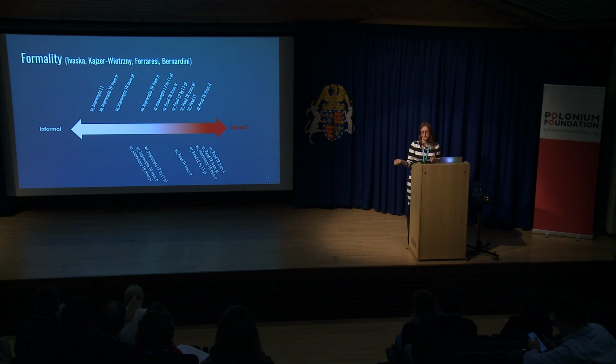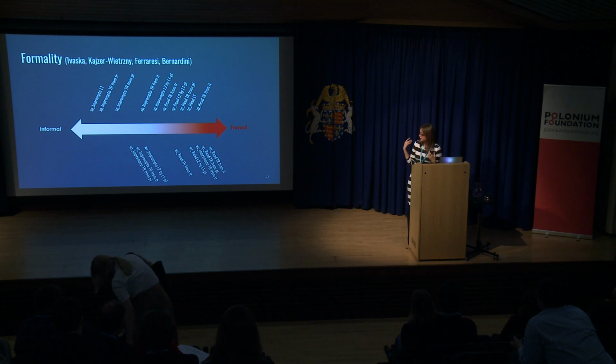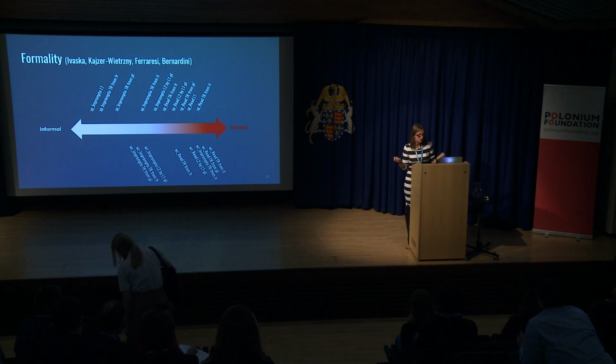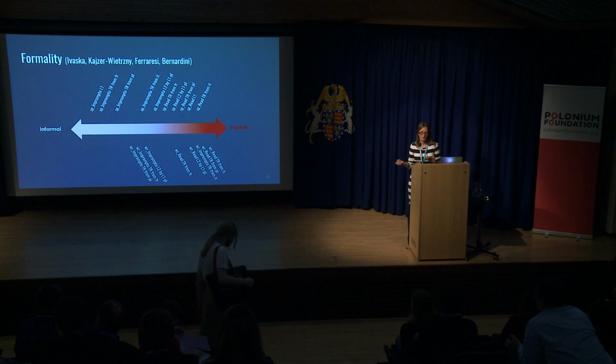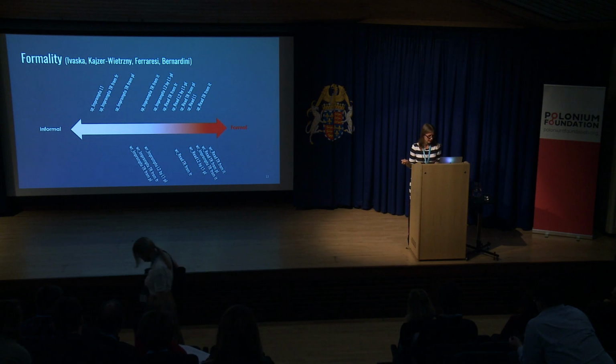It turns out that when we use language as non-natives, we tend to be more formal. And this also pertains to interpreters and translators, and it regards completely different source and target languages. So I also worked with other colleagues from the University of Bologna and Turku, and it turns out that it's not only the Polish non-native speakers and translators and interpreters who do that.